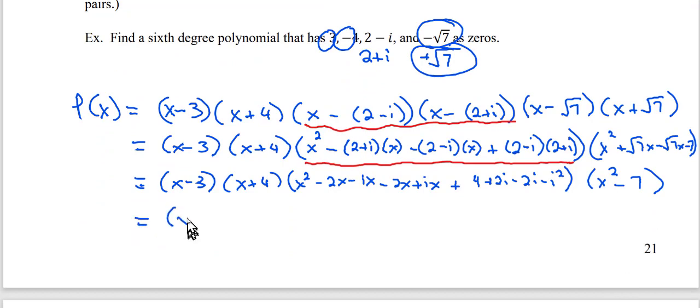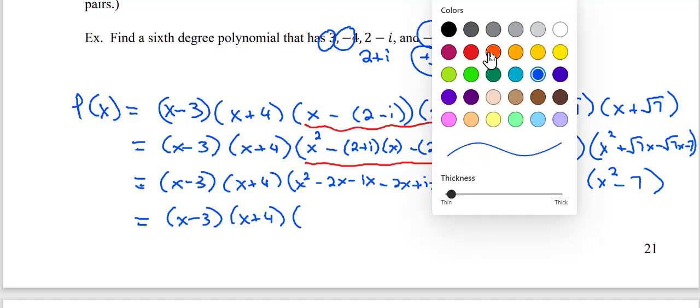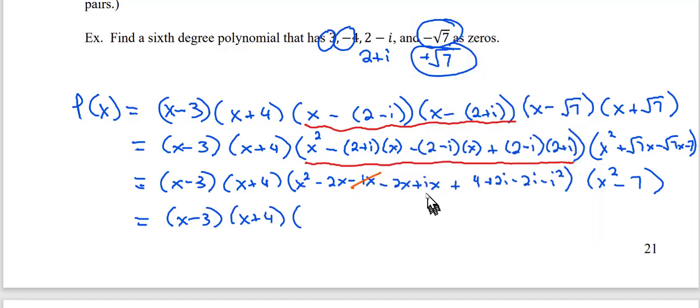We just have one more step here. I just really don't like having those i's in there, which is why I'm doing this. The minus ix plus ix goes away. 2i minus 2i goes away. Those are both 0 when you add them. One thing to remember is that i squared is equal to -1.